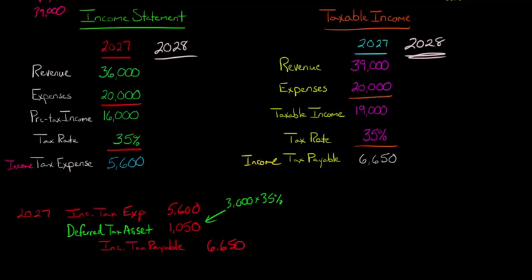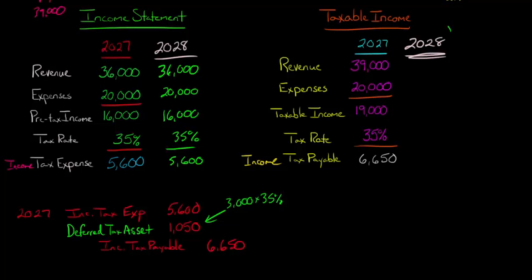So let's say for book purposes, in 2028, it's going to be $36,000, and then $20,000 expenses, and then $16,000 pre-tax income. The 35% rate is going to give us, in 2028, income tax expense again of $5,600.